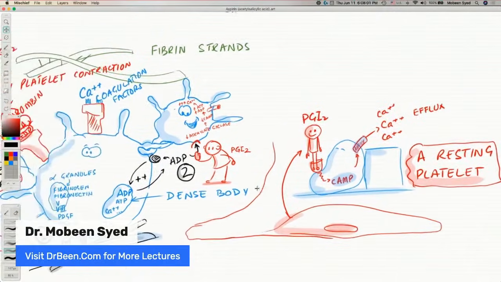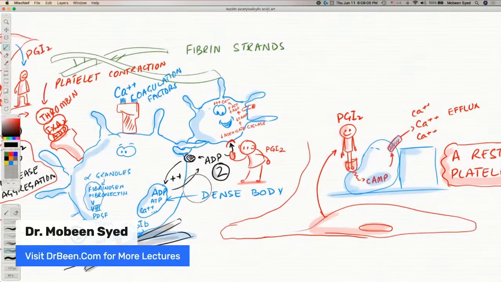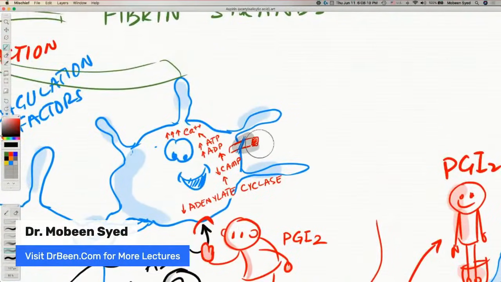Thromboxane A2, on the other hand, does the reverse of that. It starts the platelet activation, which means less cyclic AMP is produced, which means more ADP and ATP is produced, which then causes the calcium channel here to be blocked. We talked about it yesterday. Anyone who had not watched the lecture yesterday, that was the epoprostenol lecture.